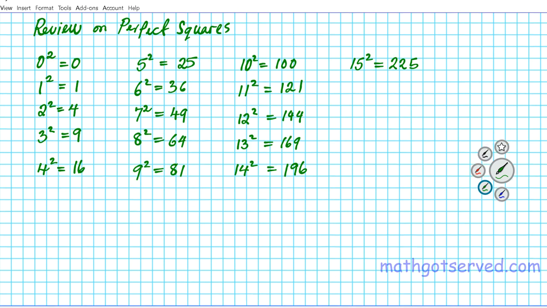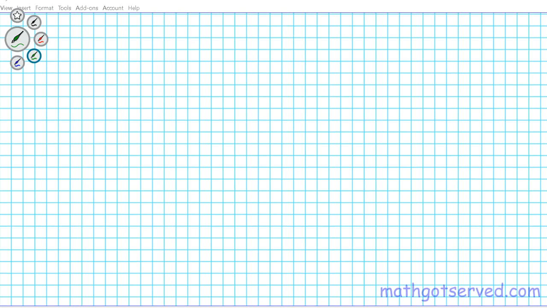All right, let's go ahead and test your knowledge. We're going to go over our square roots on the right here, and then we're going to use our square roots to guide our problem solving process. Let's see if you remember the inverse, the reversal of your perfect squares.